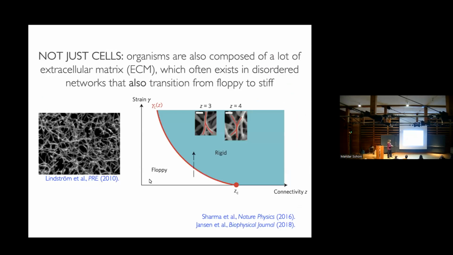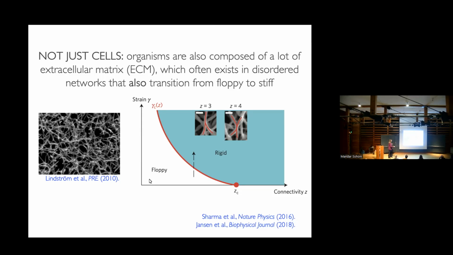Okay. So the other point that I want to make is that it's not just cells. There's a lot of what are called acellularized tissues that are composed of extracellular matrix. And I think many of you, or some of you in the audience, are familiar with it. There's this feature that, of course, if I make a lot of connections in my fiber network, I have a lot of crosslinks, then that object is rigid.